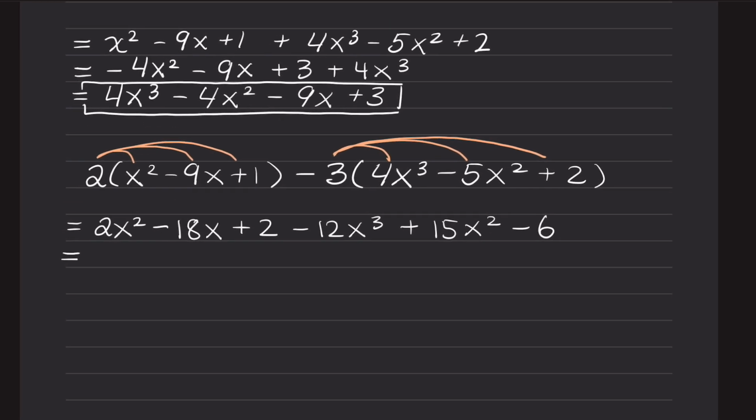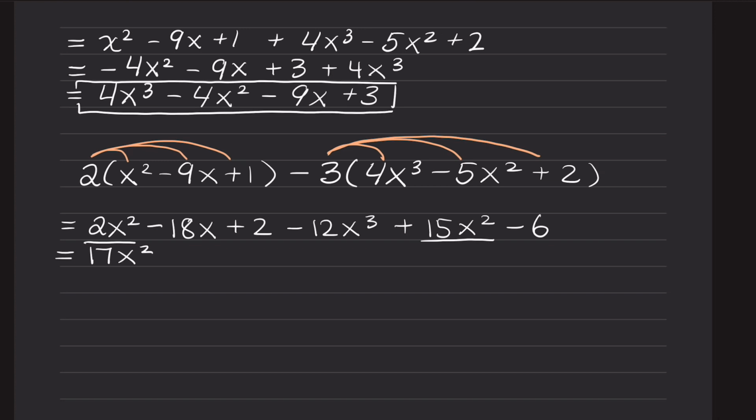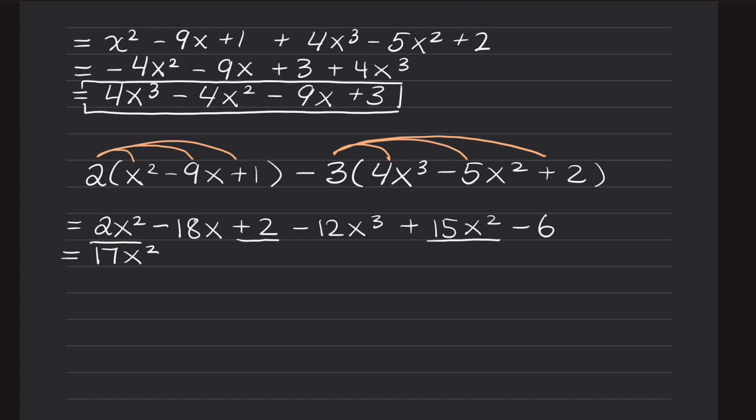The 2x squared combines with the 15x squared to make a 17x squared. The plus 2 and the minus 6 combine to make a minus 4. And then we have these two terms that don't have any other like terms. So I have minus 18x minus 12x cubed.